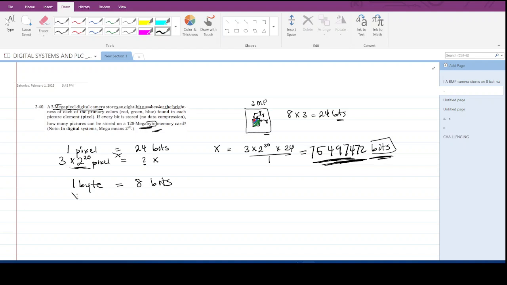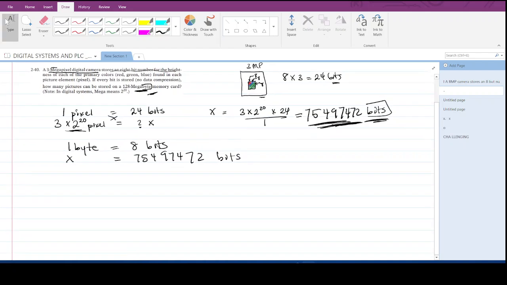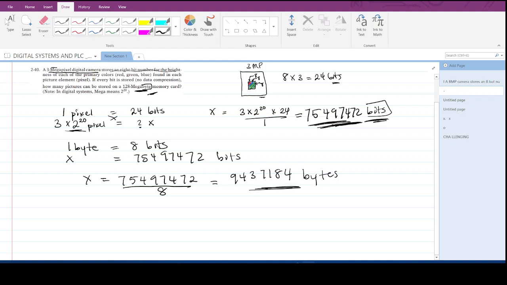So how many bytes will I have in 75497472 bits? This is cross multiplication again. x is equal to 75497472 divided by 8, which will give me 9437184 bytes. So now I know how many bytes one of my pictures is.